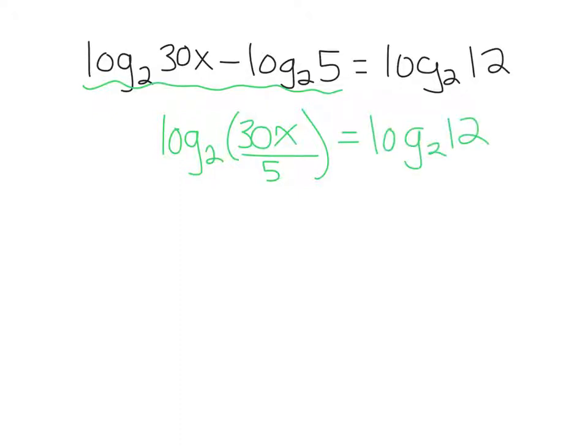And then if I just simplify 30 over 5, that's 6. So I have log base 2 of 6x equals log base 2 of 12.